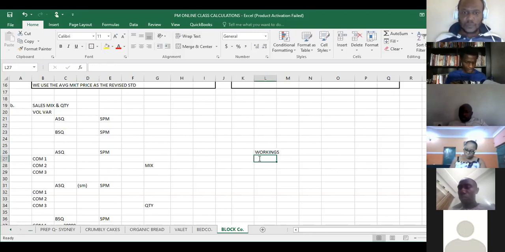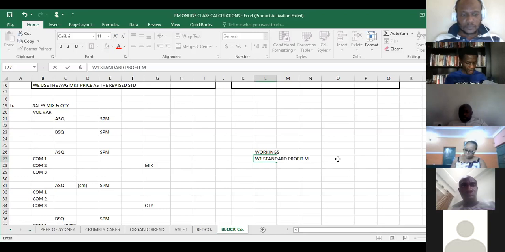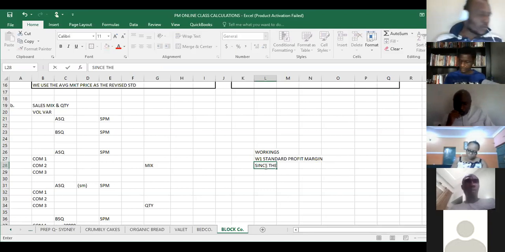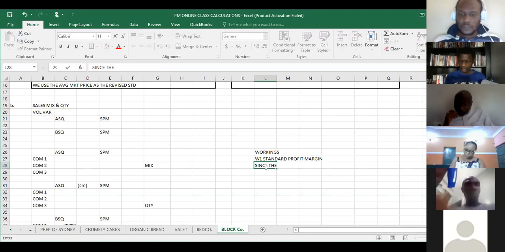Yes, there is also a fixed cost. Absorption costing. We're going to use machine hours as the overhead absorption rate. All right, so you're seeing the whole story now. So that they will know that we read the question, since Block Co.